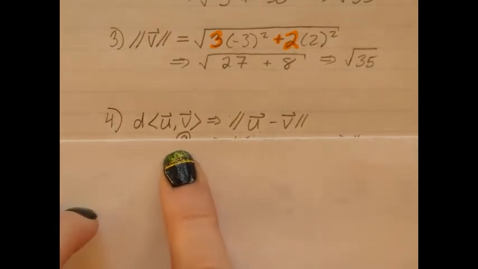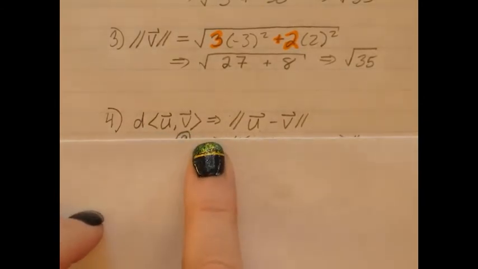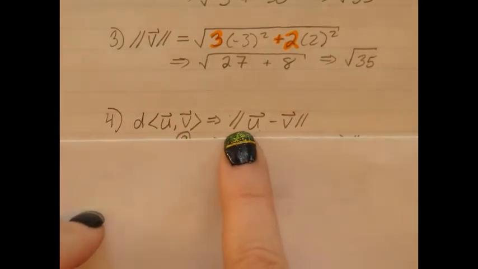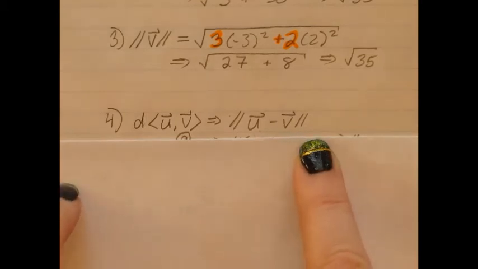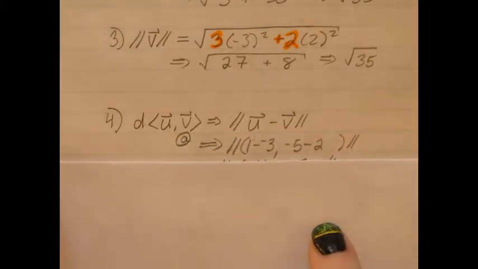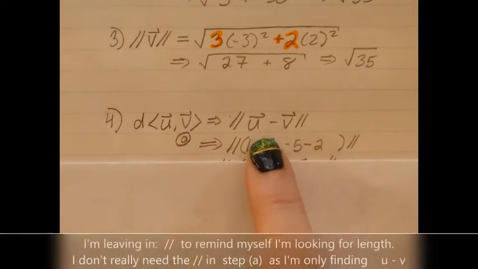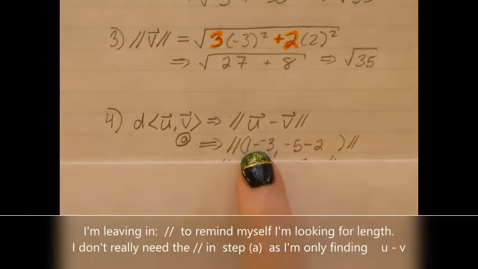Step 4. They want us to find, basically, the distance. And it is defined as the length of u minus v. All right, first thing that we want to do. We need to find u minus v first before we find distance of any sort.